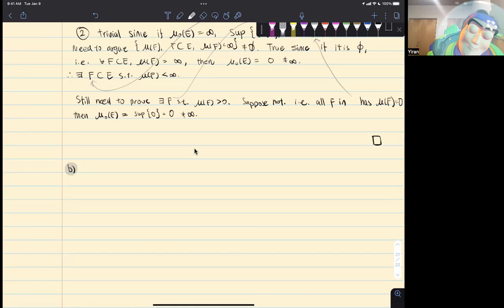Just to remind you, recall the supremum of the set E_n is equal to infinity.